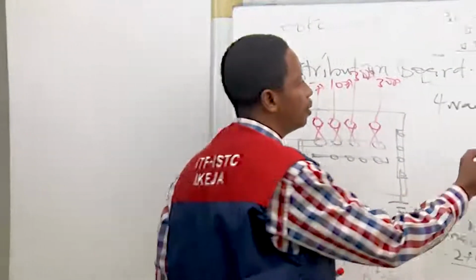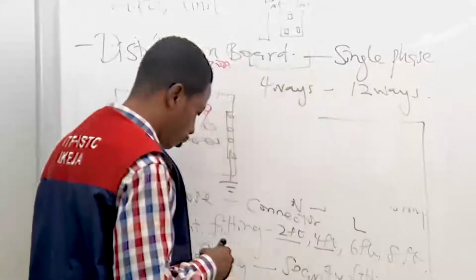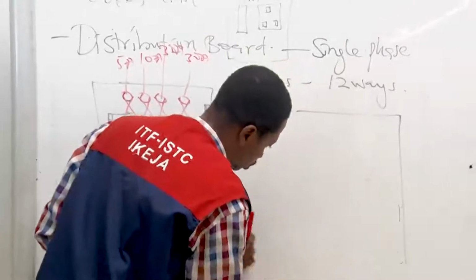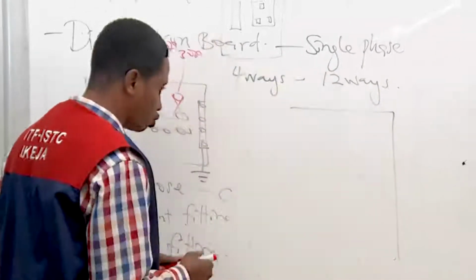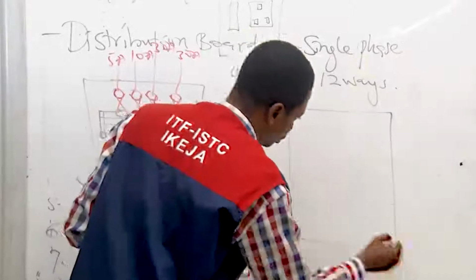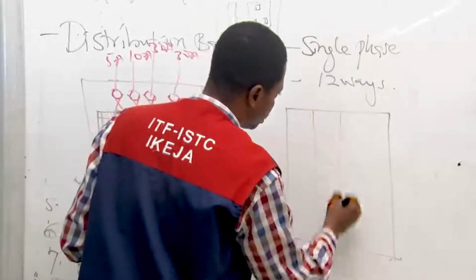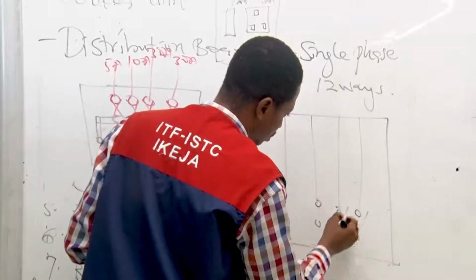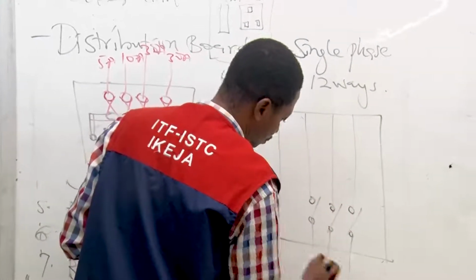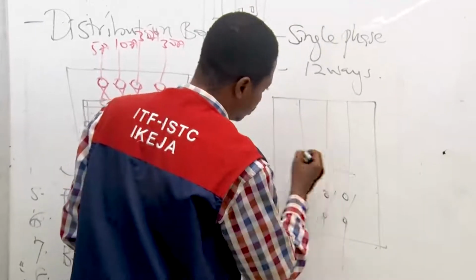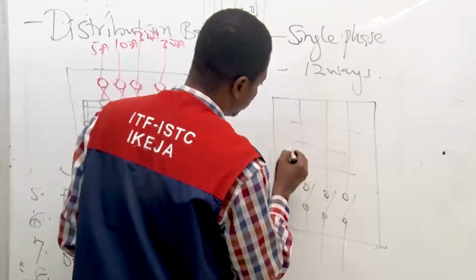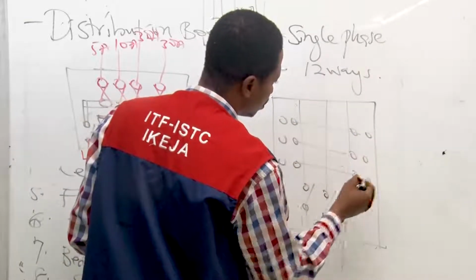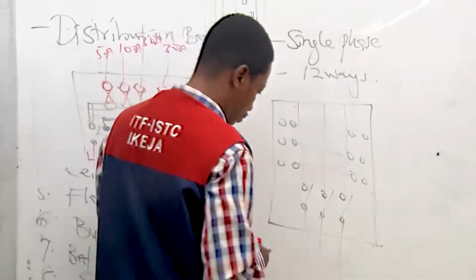We also have the 3-phase distribution board as an electrical accessory. Another name for distribution board is consumer unit. Let me draw 12 ways. One, two.